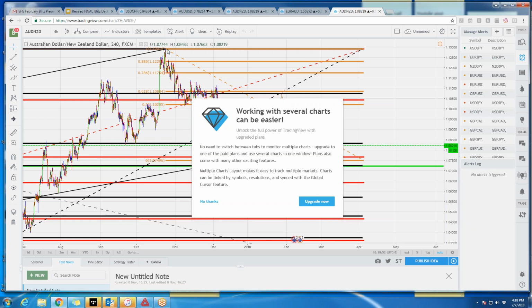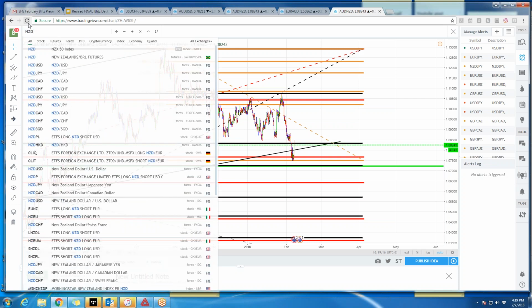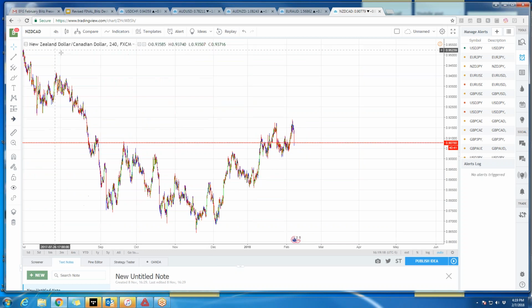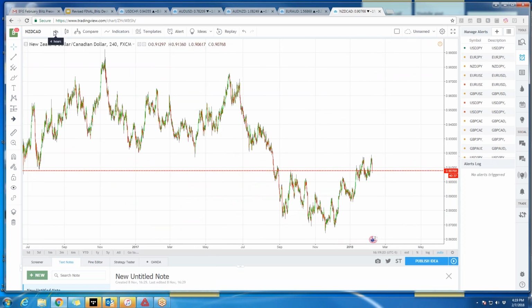They want to sell it? NZDCAD and GBPCAD, no stop loss to take a profit. Buy USDCHF. NZDCAD. They want to sell it with no stop loss.